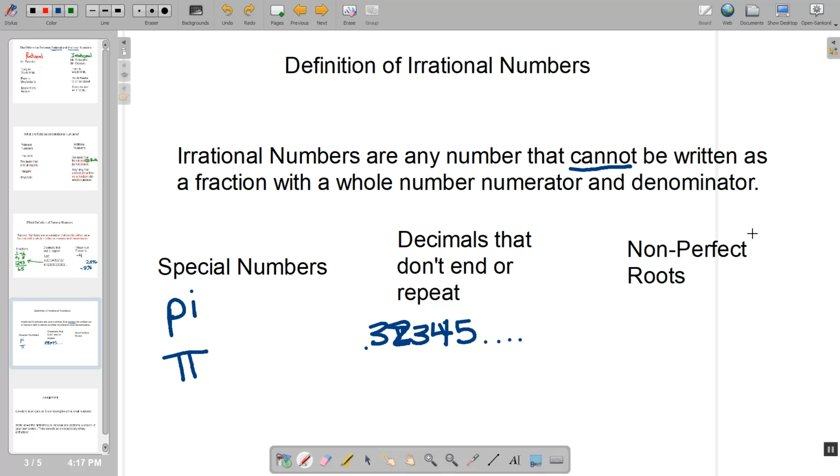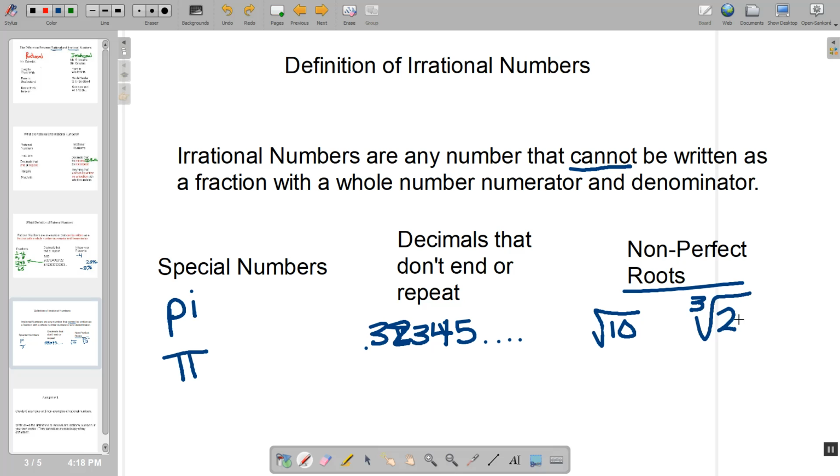And the one that we're going to deal with the most, okay, and I want a big underline here, are non-perfect roots. So if I had a number like the root of 9, the root of 9 is actually equal to 3. That makes this a rational number. But if I had the root of 10, that is equal to about 3, but it is not exact. Therefore, it makes it an irrational number because a root that is not a perfect root cannot be written as any fraction. We could also do this for cubed roots.